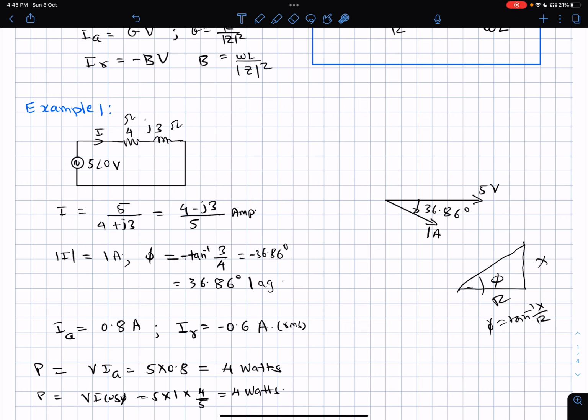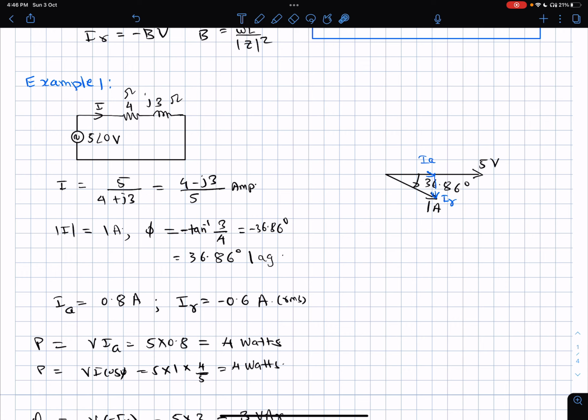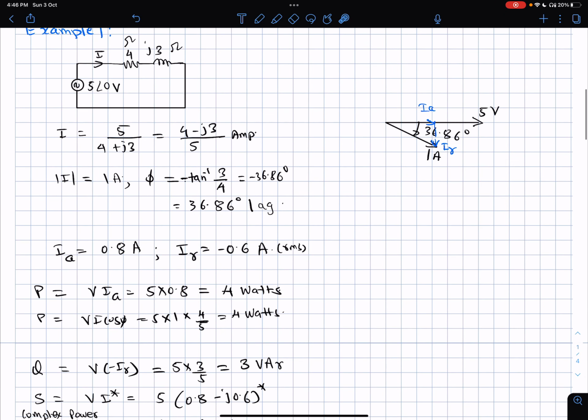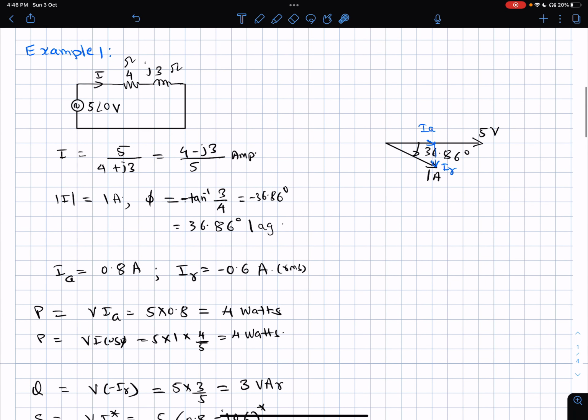Okay, so the current will become how much? Cos phi, 4 by 5, becomes the active current, which is 0.8, and the reactive component of the current, because I am writing current as IA plus JIR, is minus J3 by 5 or minus 0.6 amperes.